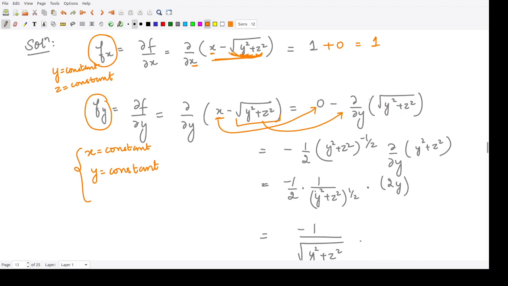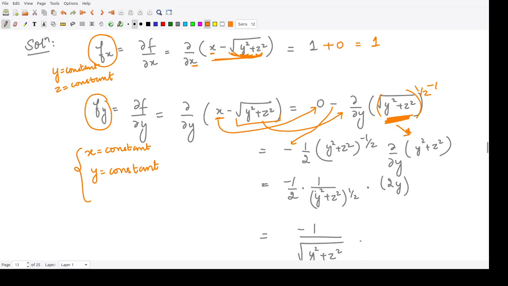Firstly the power comes outside, so it would be minus 1 by 2. Minus is because of this term, and because here we have the power 1 by 2, that power 1 by 2 will come in the front, and then we would have y square plus z square with the power reduced by 1, so it would be minus 1 by 2, and then we will perform the derivative of this inner term corresponding to the chain rule.